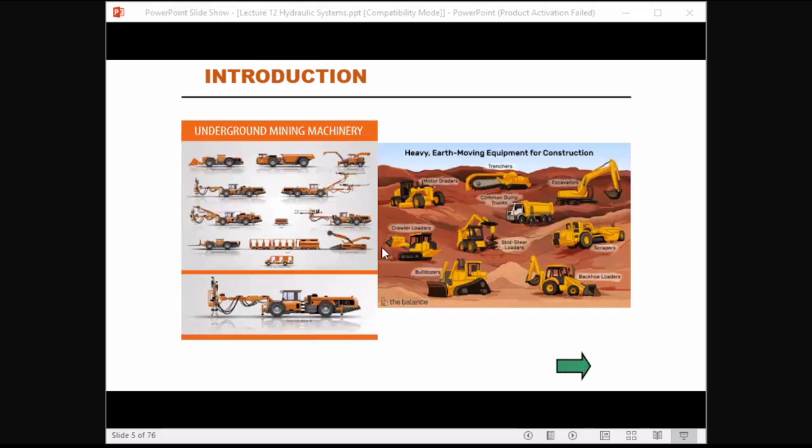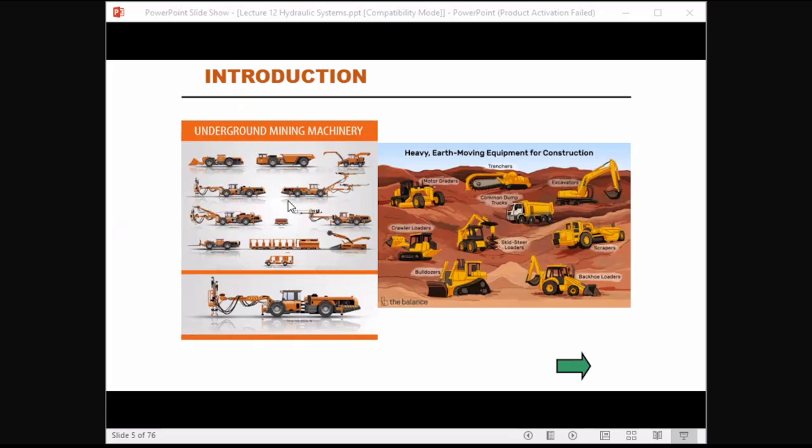Okay, here you can identify some mobile applications. In the first figure you can identify underground mining machineries. So these machineries working using hydraulic oil. In this case have some actuators, piston, some hydraulic motors.